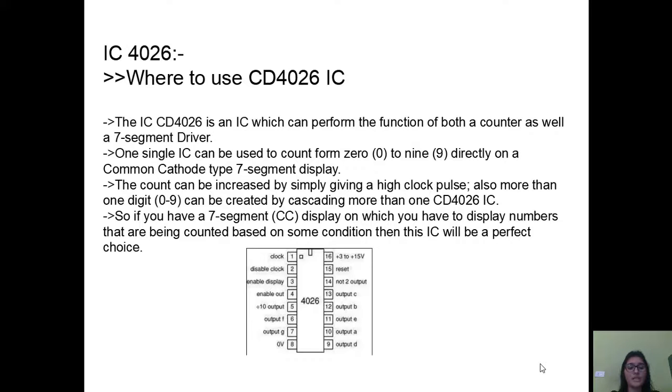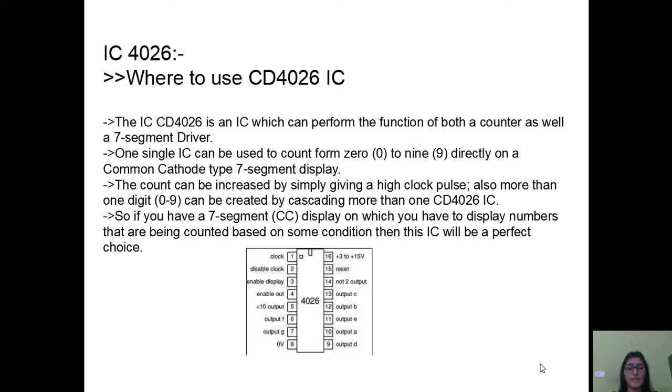The count is increased by simply giving a high clock pulse. Also, more than one digit can be created by cascading more than one CD4026 IC. So if you have a 7 segment display with two digits being counted based on some condition, then this IC will be the perfect choice.